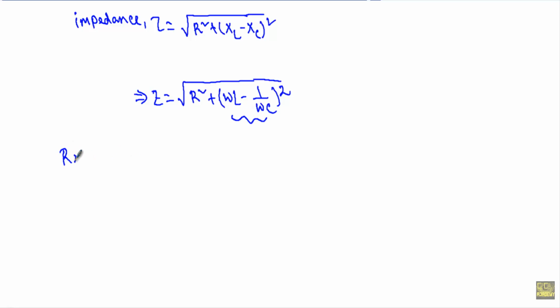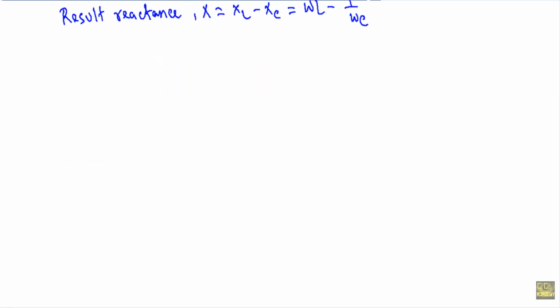So in case of this circuit, resultant reactance will be equal to X equal to XL minus XC, because XL is greater than XC. Here I will get omega L minus 1 by omega C. See, in case of this circuit, VL is greater than VC. So this RLC series circuit will be an inductive circuit.